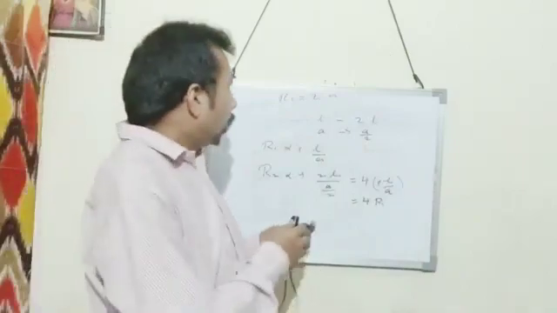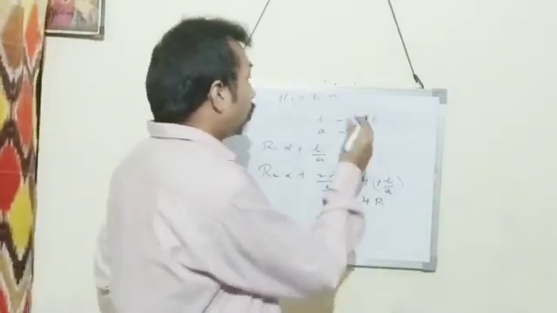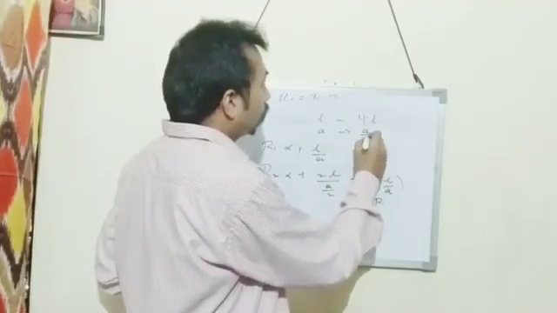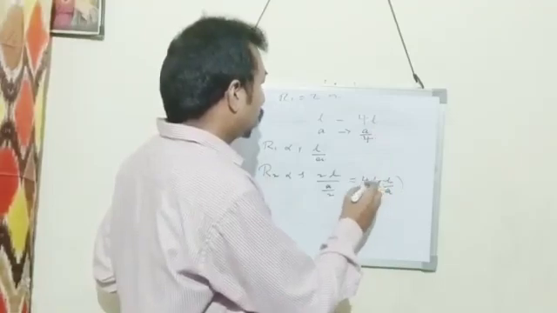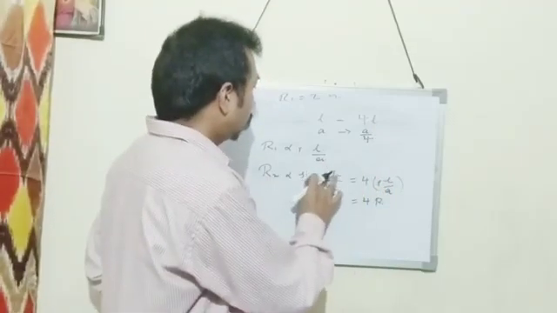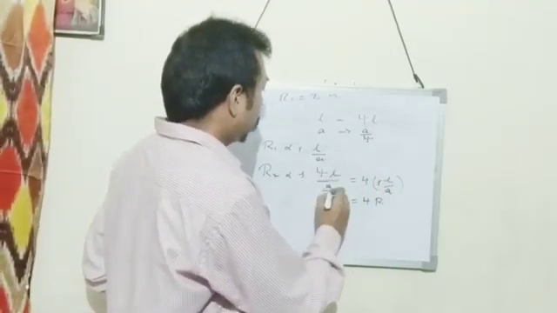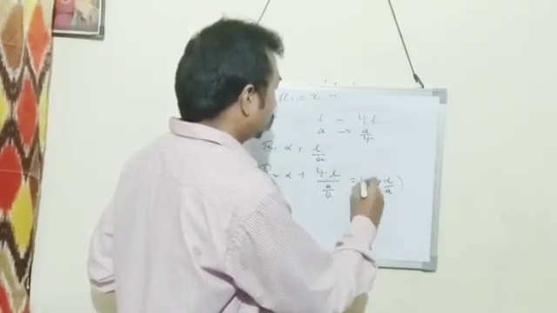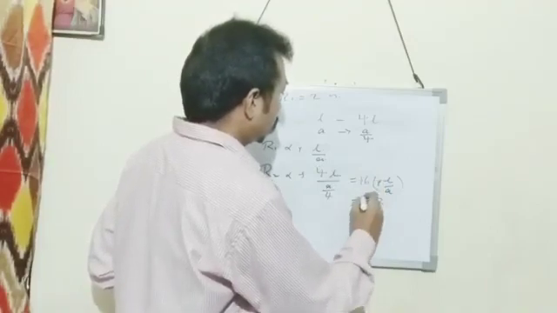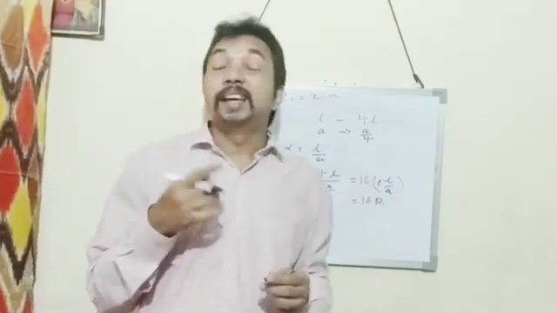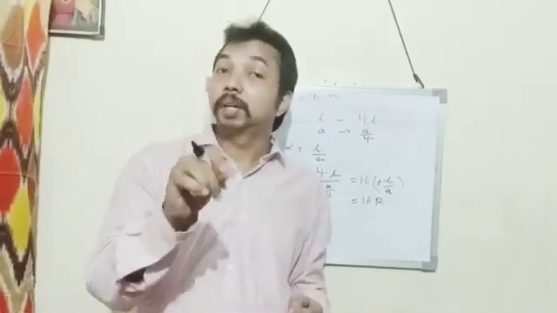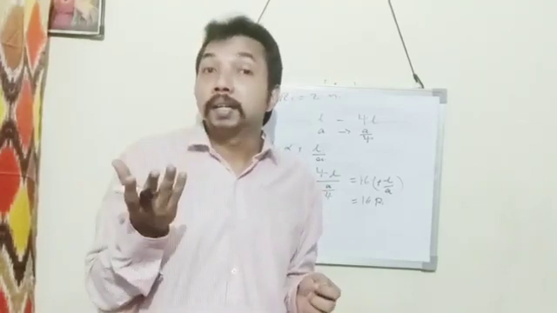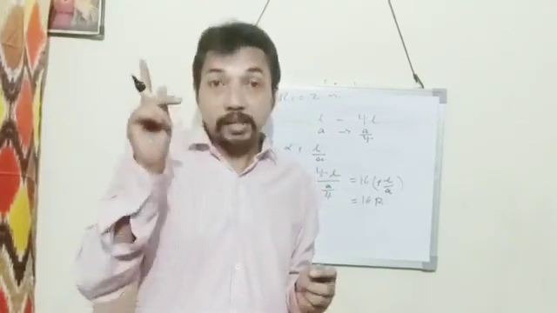When the length becomes 4 times, the area of cross section will become 1/4. So that will be 4 into 4, 16. By stretching, if the length becomes 4 times, then the resistance will become 16 times.